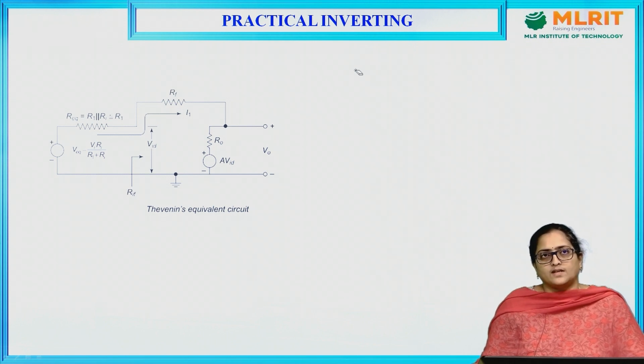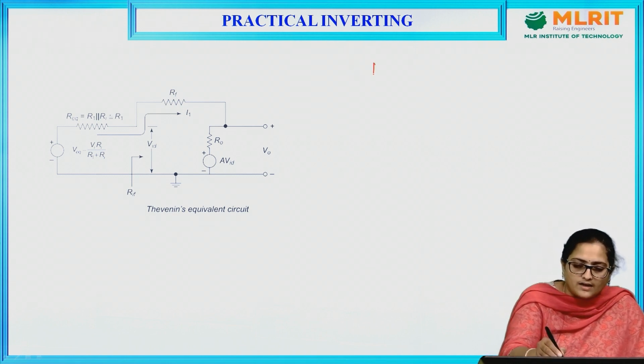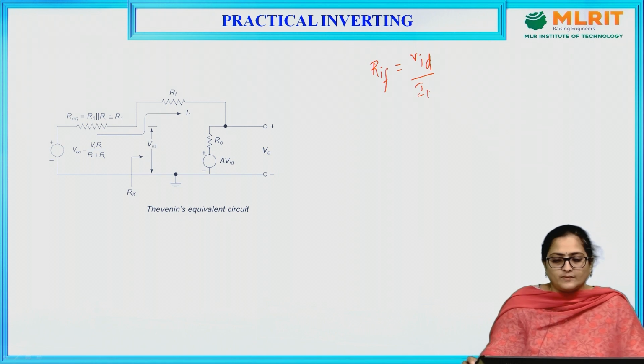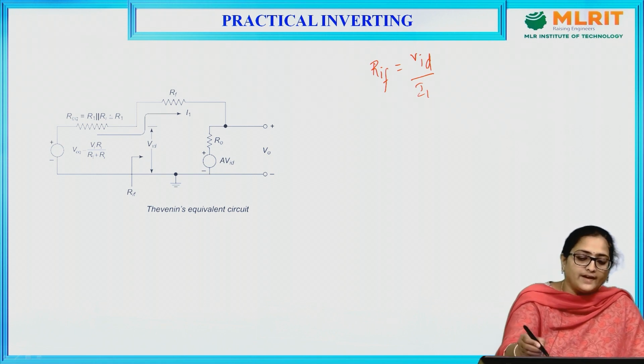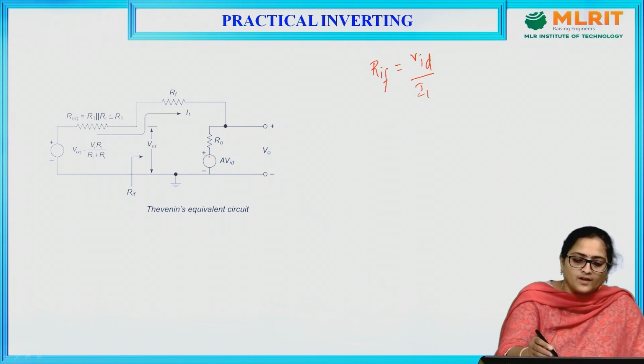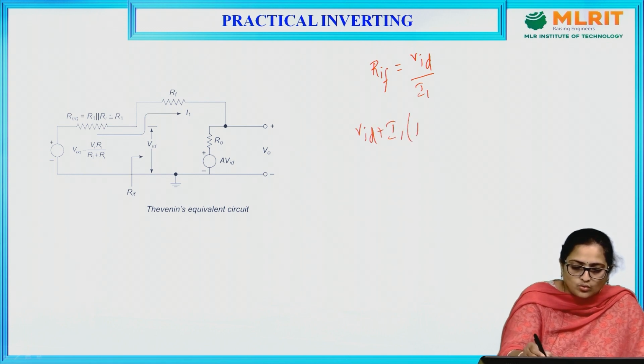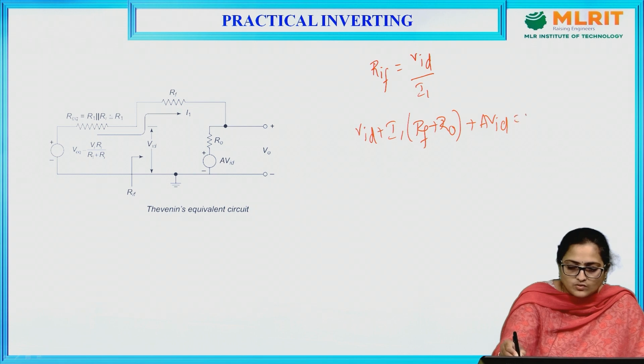From this equivalent circuit, you can determine the input resistance, which is given as RIF, which you can write as VID by I1. You can get the relation between VID and I1 by applying a KVL across this loop. So you can write VID plus I1 into RF plus R0 plus A into VID is equal to 0.